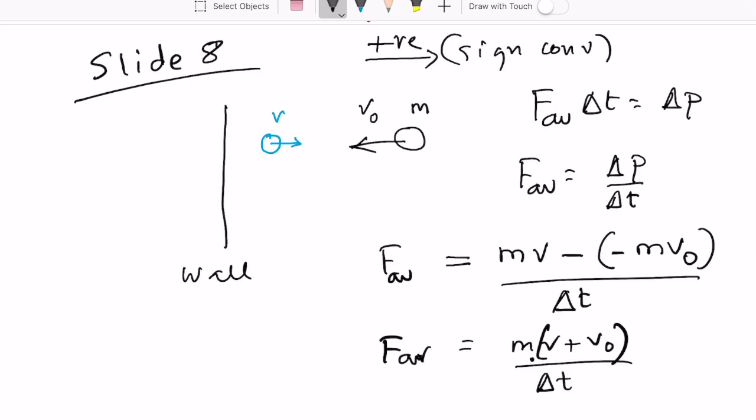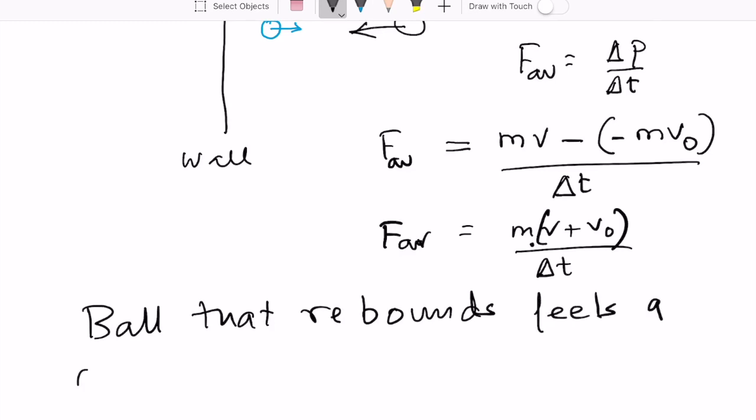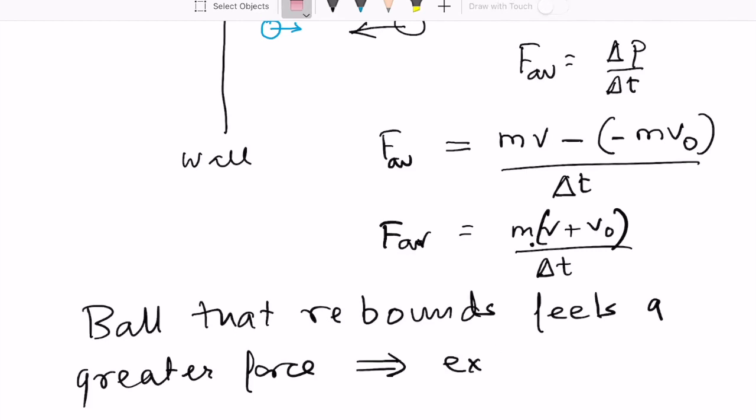So the ball that rebounds feels a greater force. And by Newton's third law, that means that it exerts a greater force on the wall.